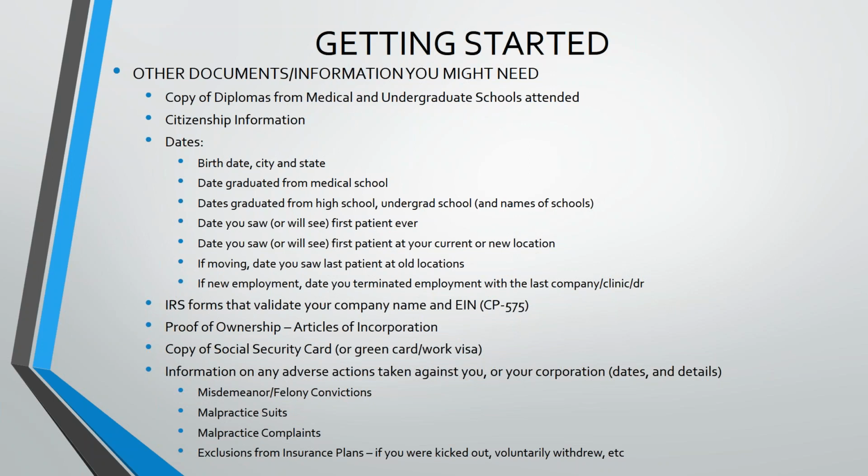And if you've ever been excluded from any insurance plans, whether you were kicked out involuntarily or voluntarily withdrew from those insurance plans, or if you were ever excluded from the Medicare program or from any federally funded programs.